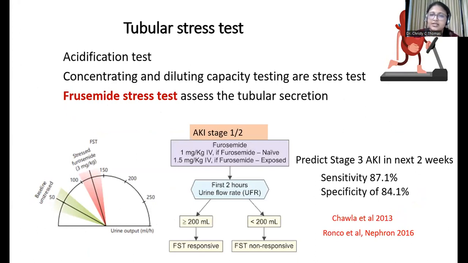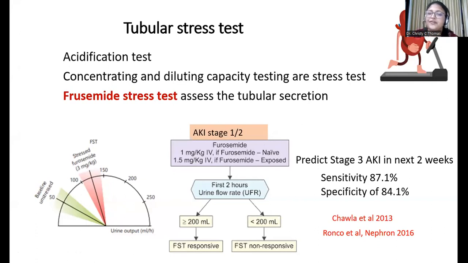This is performed in a critically ill child with AKI stage 1 or 2. We administer furosemide, either 1 or 1.5 mg per kg, based on the patient's previous exposure to furosemide, and we observe for a few hours. If the patient is able to mount a urine output above a particular limit, the patient is furosemide stress test responsive.